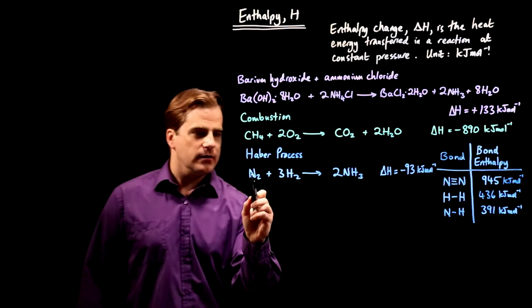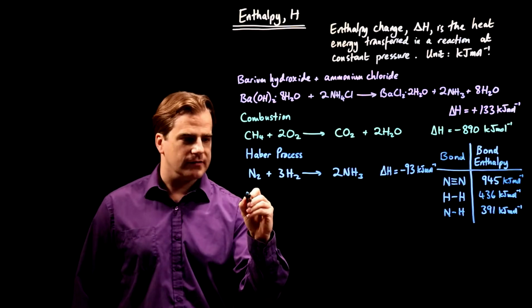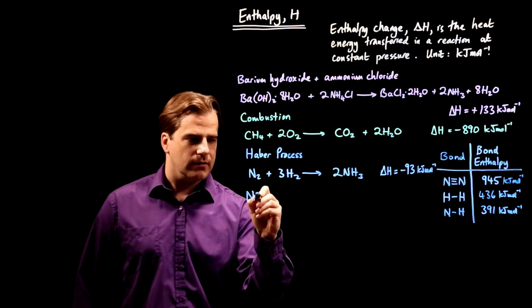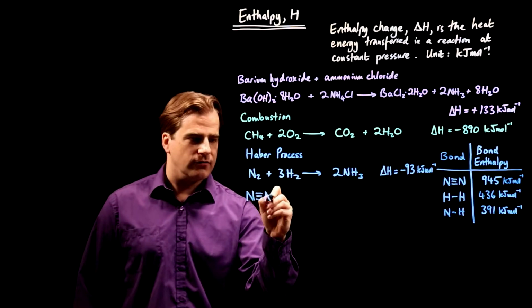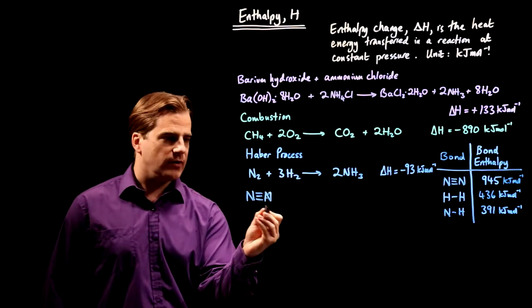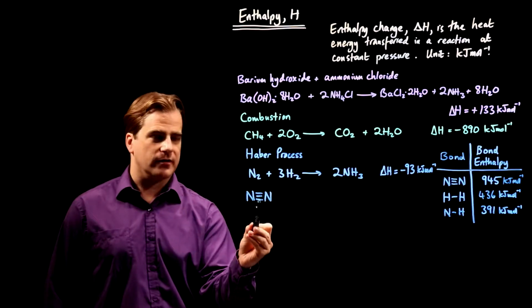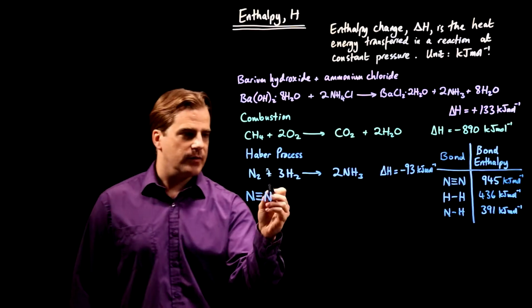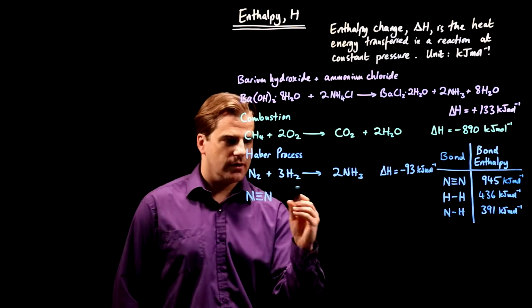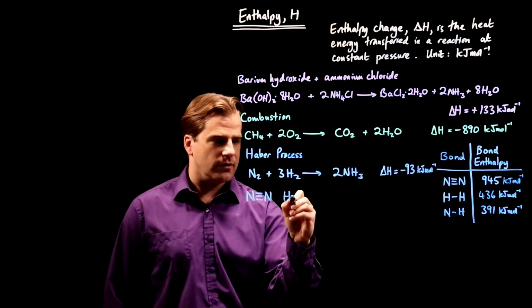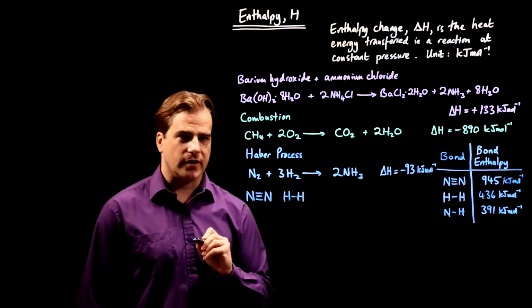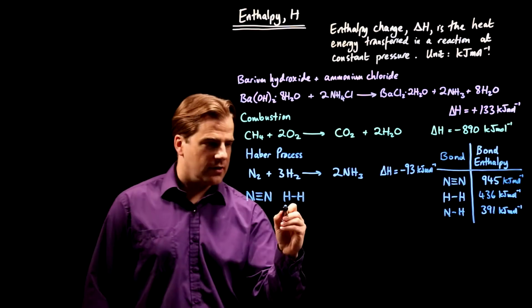So, the nitrogen molecule, there's 2 nitrogen atoms triple bonded together, so N2 is that, plus 3 H2s. So H2 molecule is 2 hydrogen atoms with a single bond, and there's 3 of them.